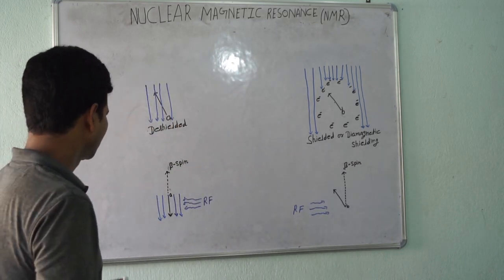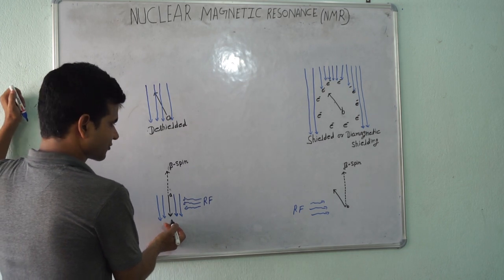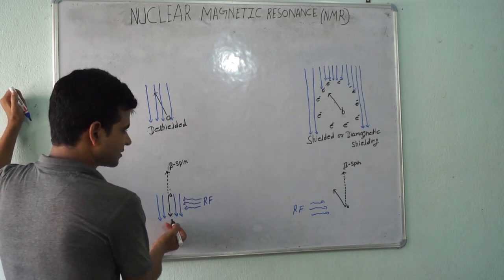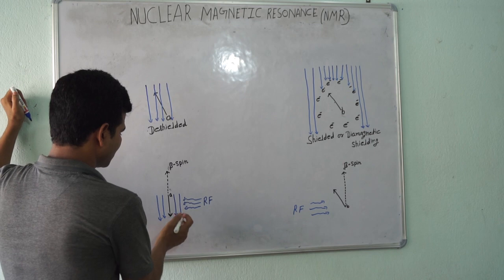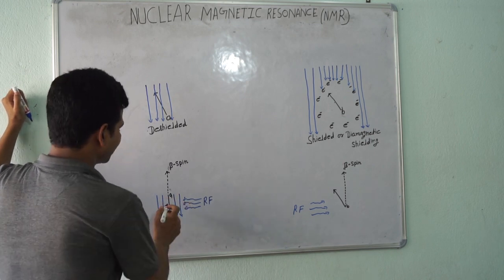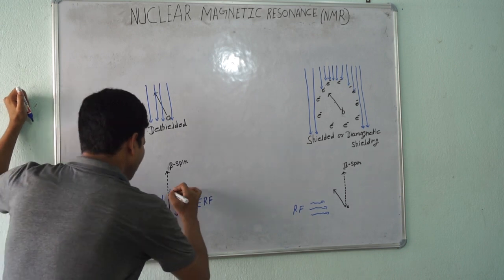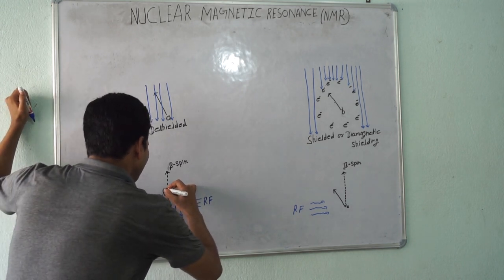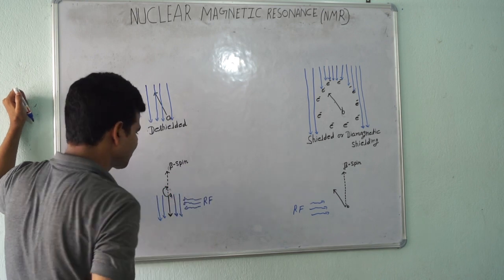Let's discuss. If you think about this hydrogen atom A, this hydrogen atom A has to travel 180 degrees to go into beta spin.